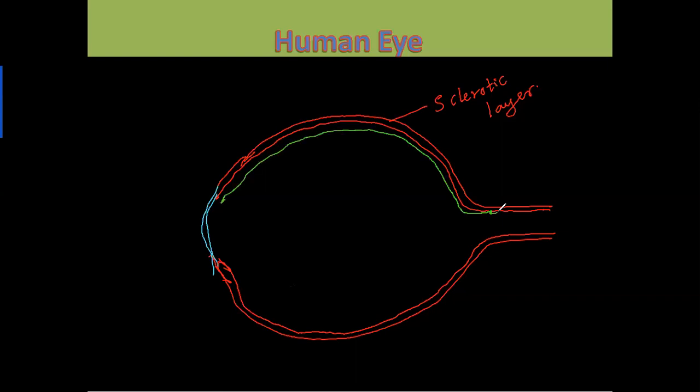This is called the choroid layer. And these are ciliary muscles. This is the choroid layer inside the sclerotic layer.